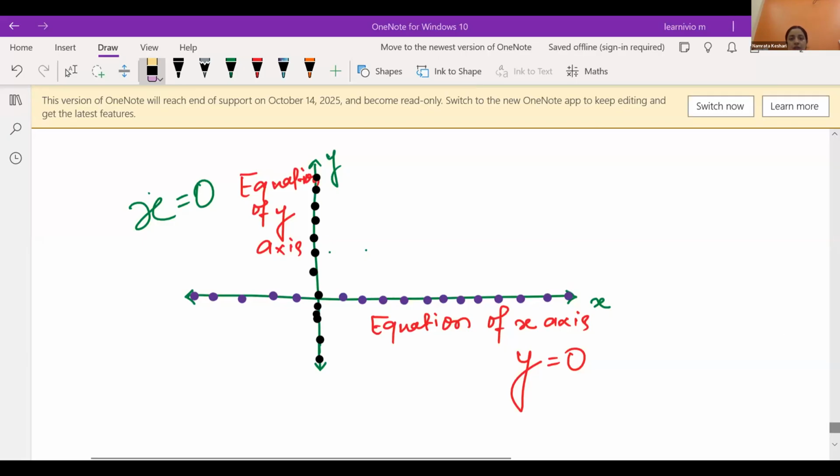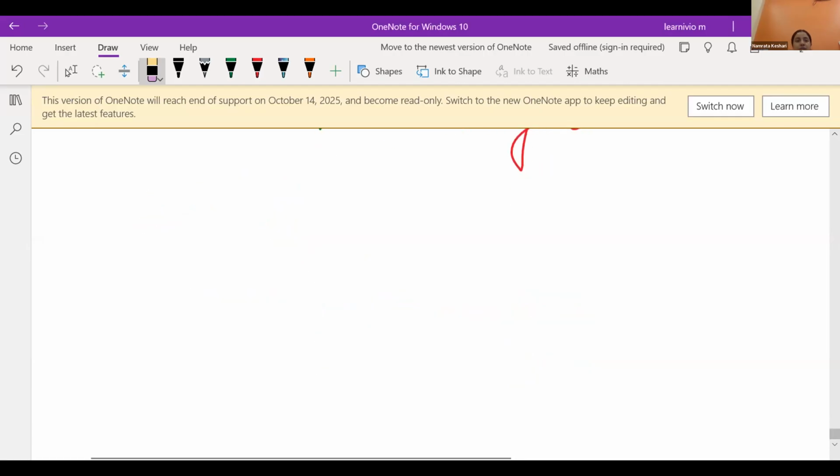Okay, let's move to the next concept. Let's do one question. Wait, before that I need to explain one more concept. Suppose we have one equation, y equals 2, and I want to make the graph of it.